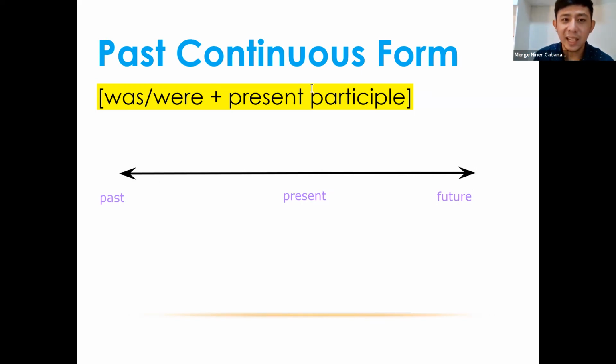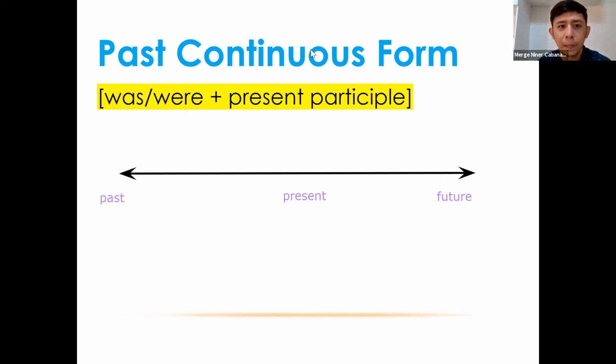Okay, there is an event that started in the past. Now, this event is not finished because there is something that interrupted it. All right, there was something that interrupted the event. Okay, so for example, watching television.